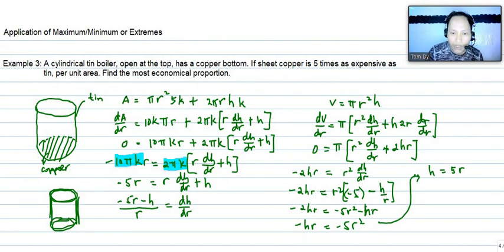We cancel r, so we still have 1r here, so times 5, that is 5r. That means the height is equal to 5 times the dimension of the radius. This is now our final answer. Height is equivalent to 5 times the radius. That is the most economical proportion.